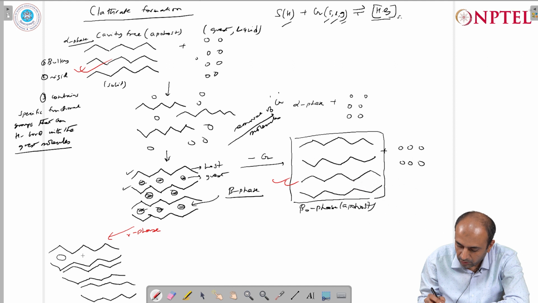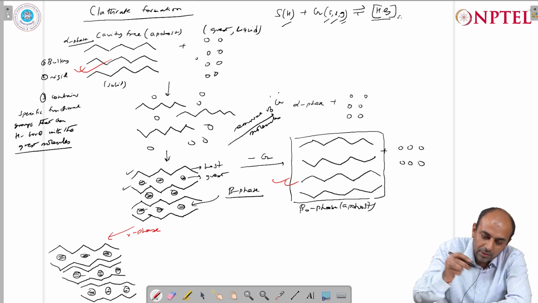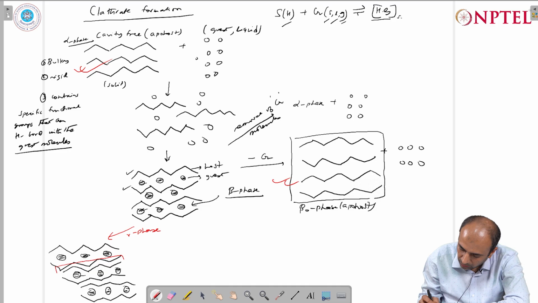So you will have the guest molecule sitting here, then you will again have the guest molecule sitting here, and you will again have the guest molecule sitting here, but you will have no guest molecule sitting between these.